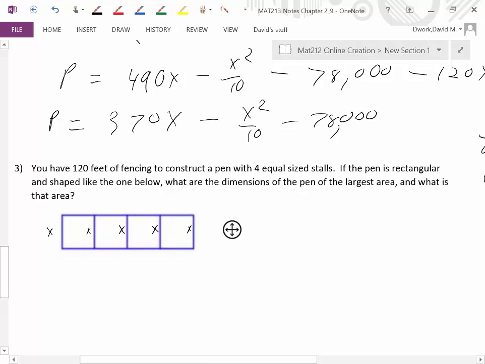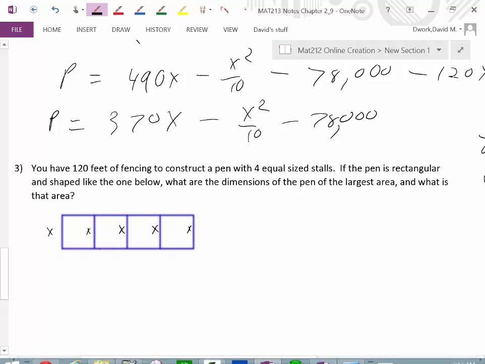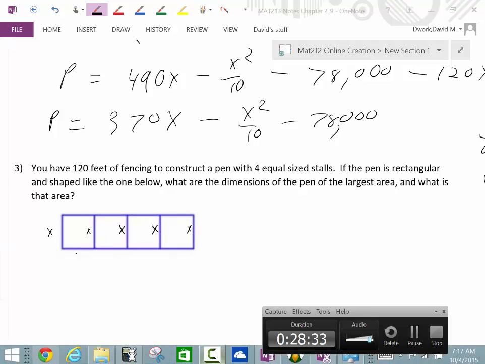So let's come up with a relationship for the other sides and see what we can do. We do know that these need to be equal, so we can't say y, z. The length of one has to be the same as all of these. So let's see what we can come up with here.